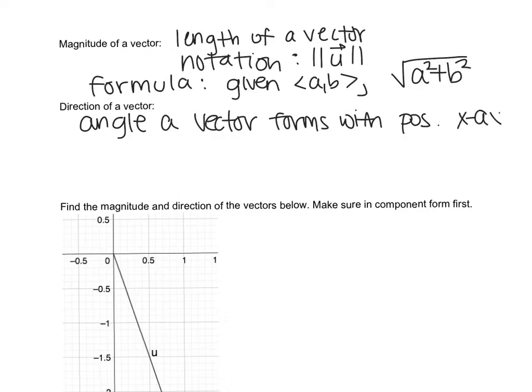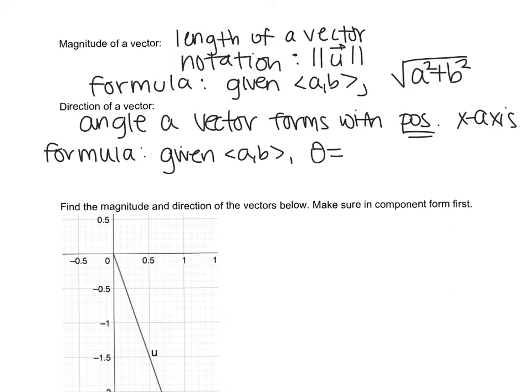And it is very important here that we are talking about the positive x-axis. So in order to find the direction, our formula for that, again, given your vector is AB in component form, the angle theta is found by doing tangent inverse of b over a.